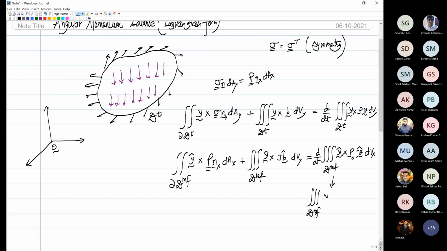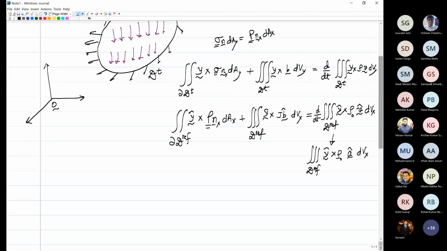The other one remains, and it is y cross rho naught times acceleration dvx. So these two integrals are perfectly fine, in the referential domain. We have to now work with the first one. So let us see how we can work this out.